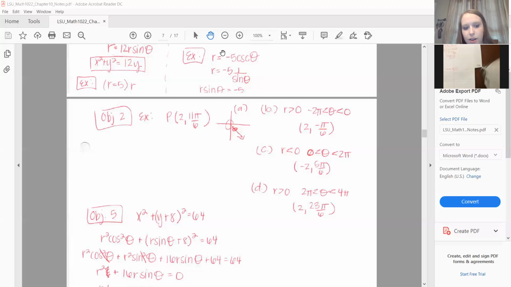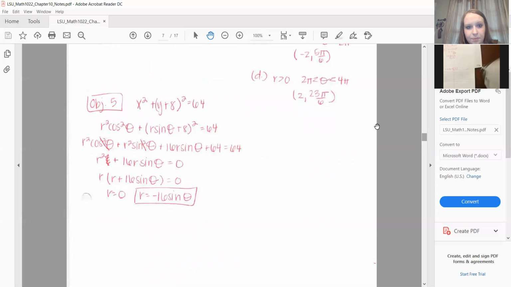And one more if y'all need it from objective 5 where you have to factor it all out. Okay, so this is my problem: x squared plus y plus 8 squared equals 64. So x squared is r squared cosine squared theta. This one, r sine theta plus 8 squared, you have to FOIL it out.